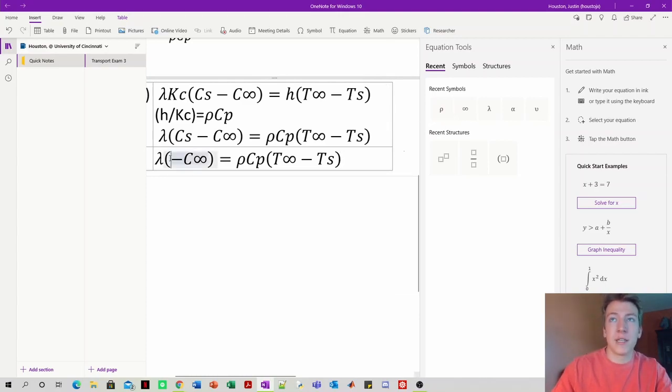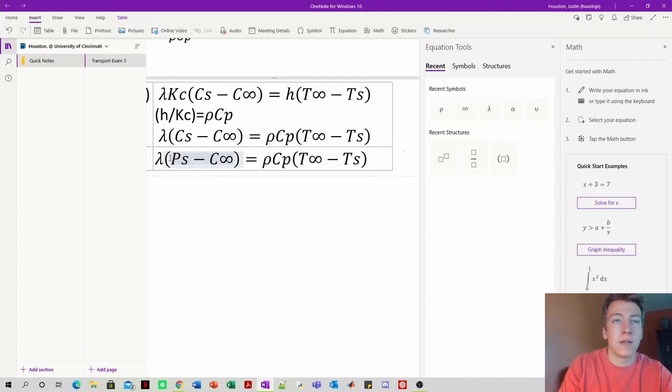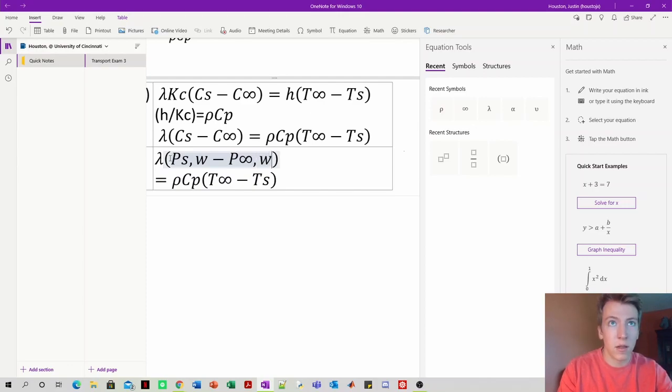I'll just use an uppercase P for partial pressure. That's going to be sub S, the surface, comma W, which is water, and then you'll have the same thing here, the partial pressure far away from the surface of water as well.